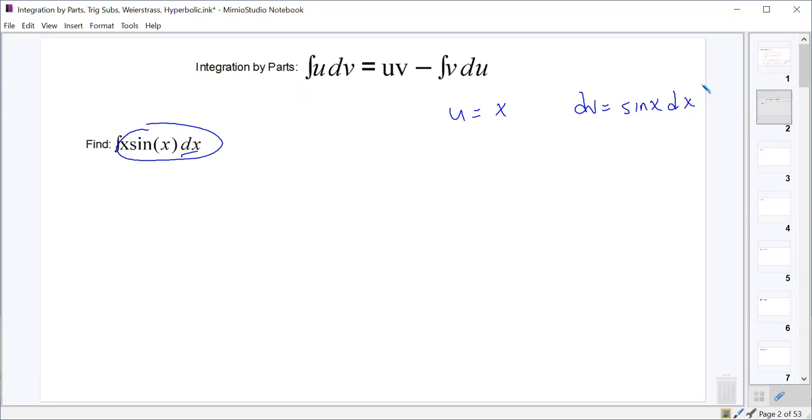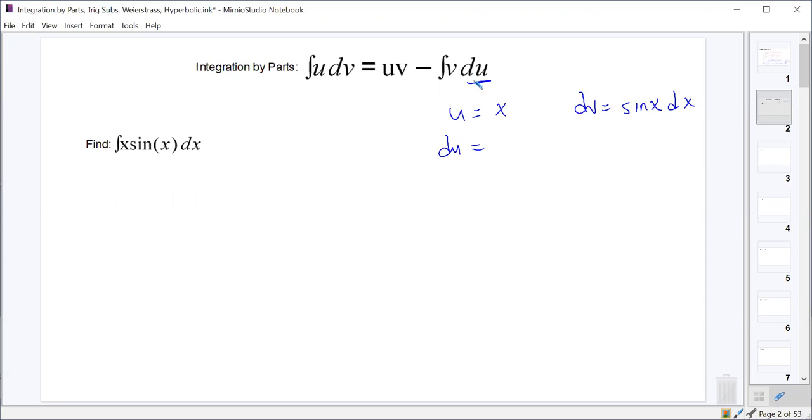All right. So would you all agree now that this integral, the integral of x sine x dx, is now written in a form where it is the integral of u dv? Yes. Okay. So what's du then?